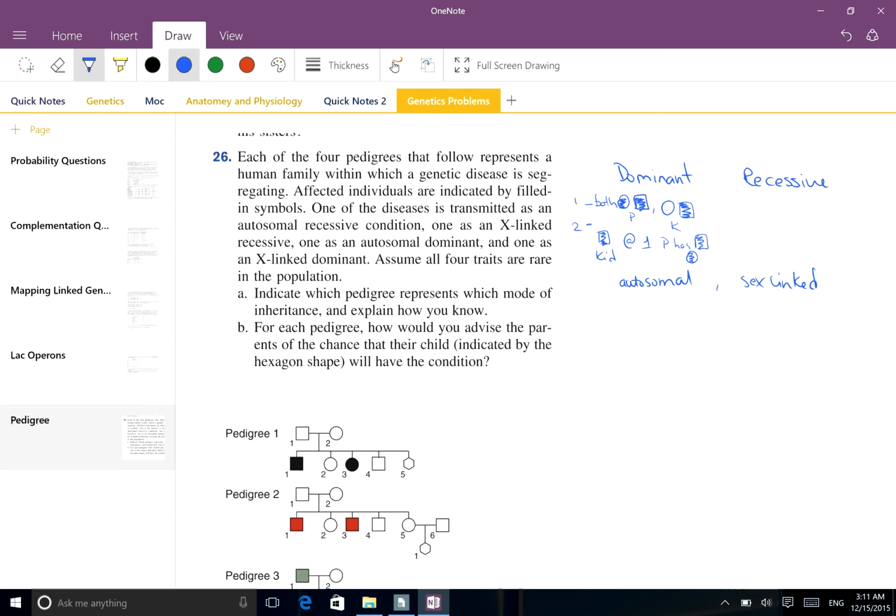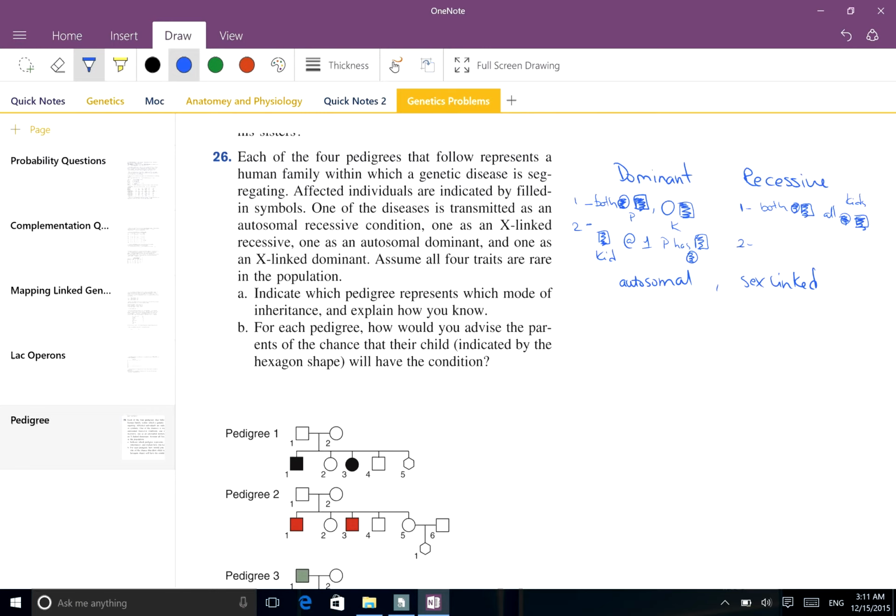For recessive, if both parents have the disease, mom and dad, all the kids will have it, regardless. And the second thing is, I forgot what the second thing is.